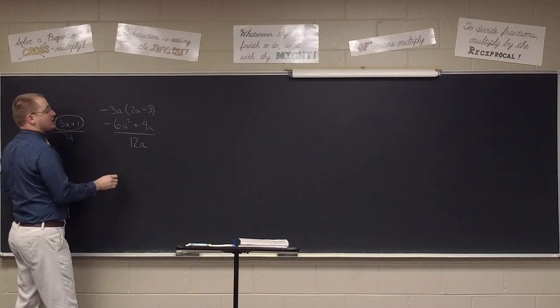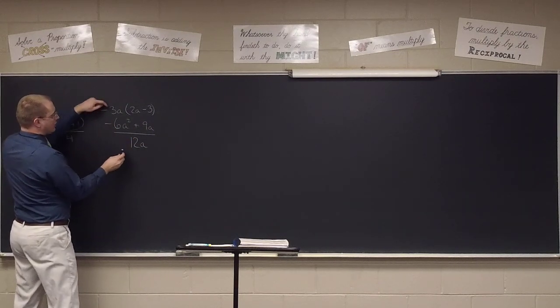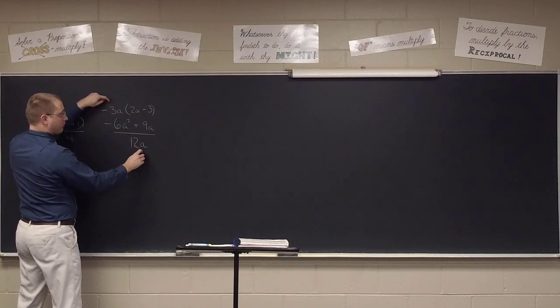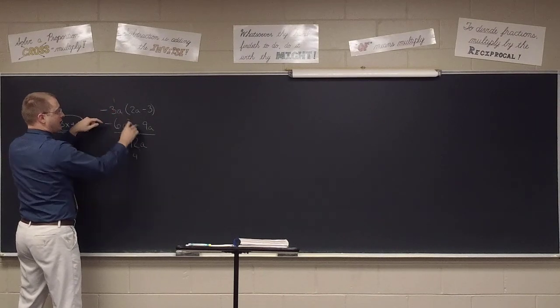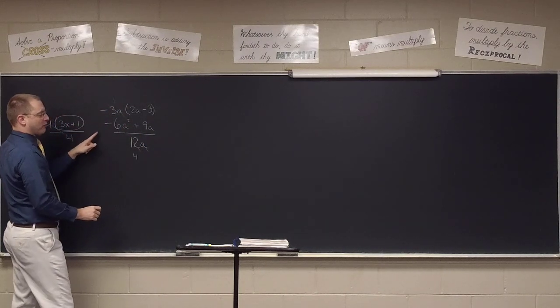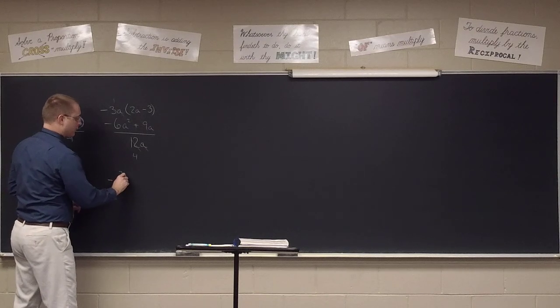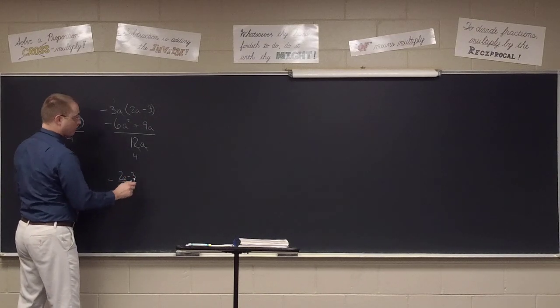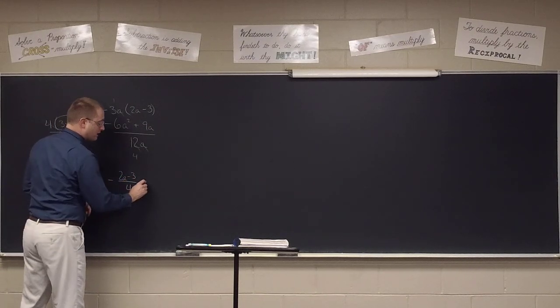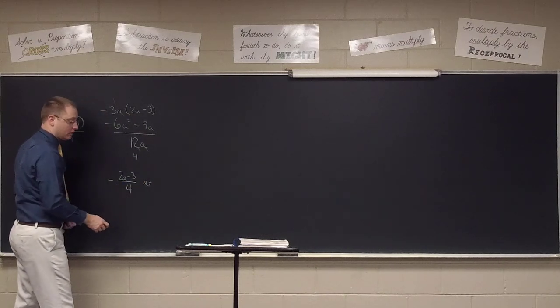Then notice we could cancel the 3 with the 12 to get a 1 and 4. I could cancel the a, and then the negative would come out front to give us negative 2a minus 3 over 4. We did cancel away an a, so we need to specify that a cannot be 0.